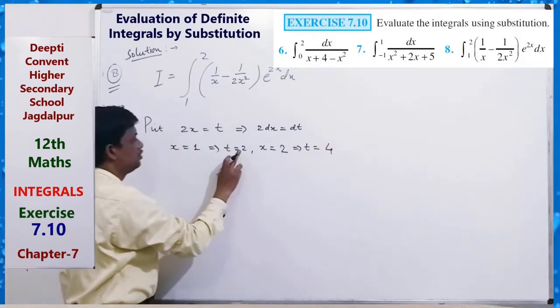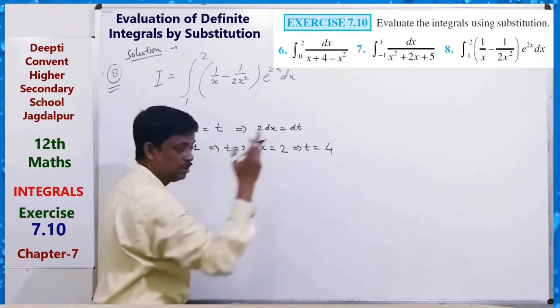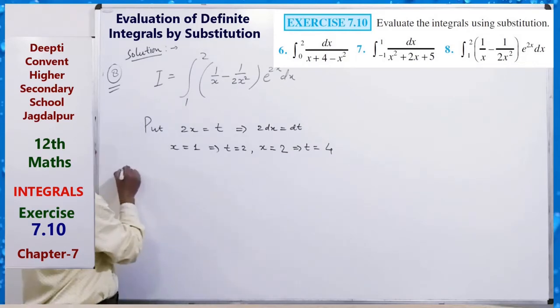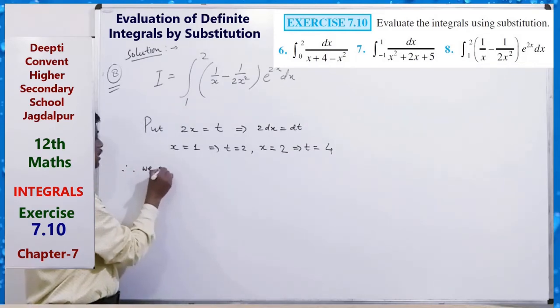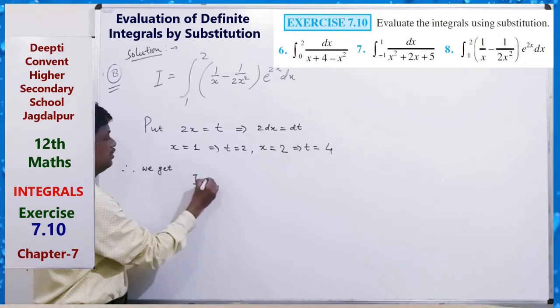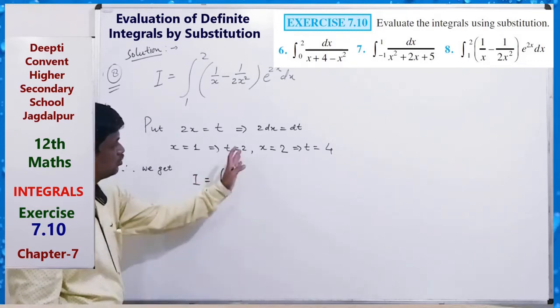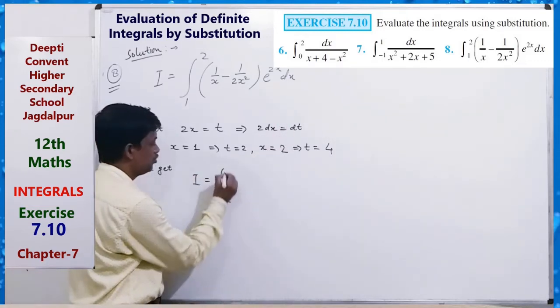So 2 to 4 is the new limit. There we get the new integration, 2 to 4.